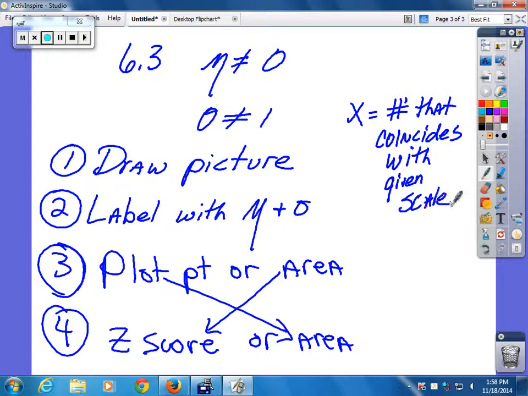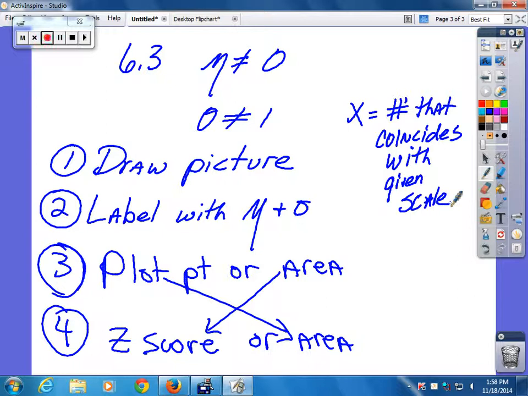Let's make this easy: if the mean is 100 and the standard deviation is 10, then 2 standard deviations is 80 to 120, right? If I say find the percentage of students that make 111, then 111 is x.